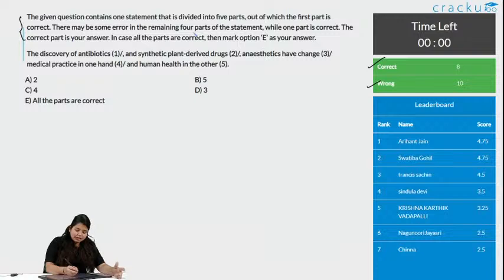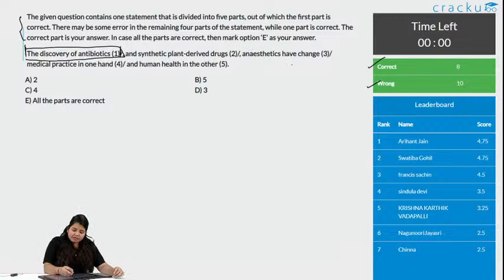It is again asking us to find the part which is correct among the 4 parts which have an error. This part is correct as said in the instruction. So, we will keep this like this. Let us check the other 2, 3, 4, 5. The discovery of antibiotic and synthetic plant derived drugs anesthetic have changed.